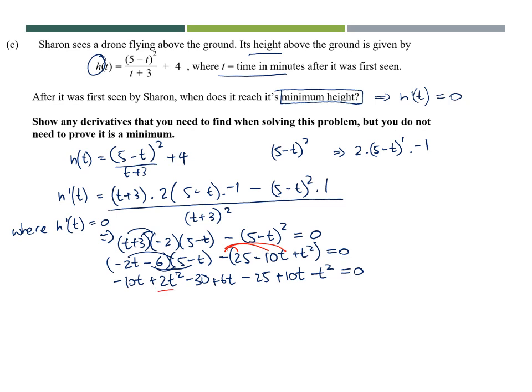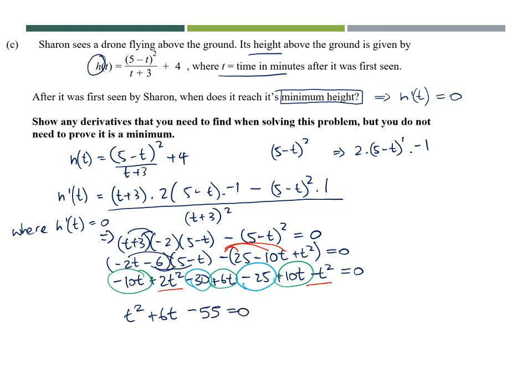Collecting my like terms gives me t squared, then positive 6t, and then negative 55 equals 0.